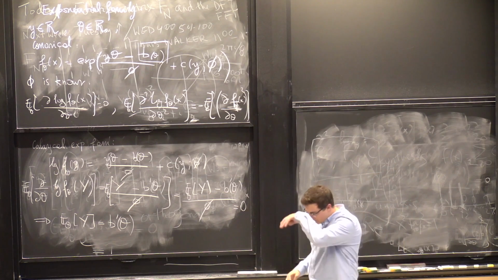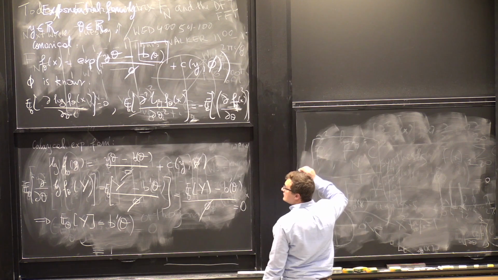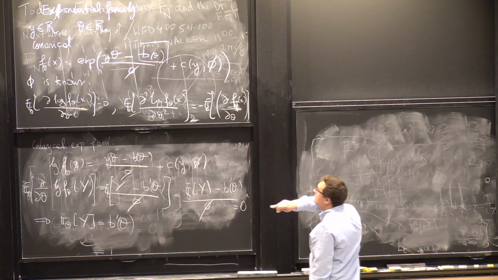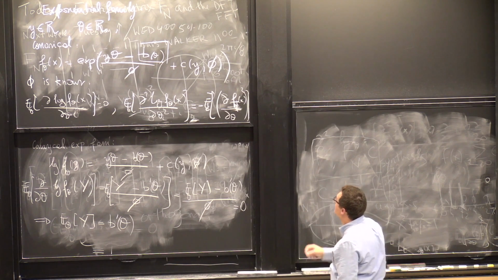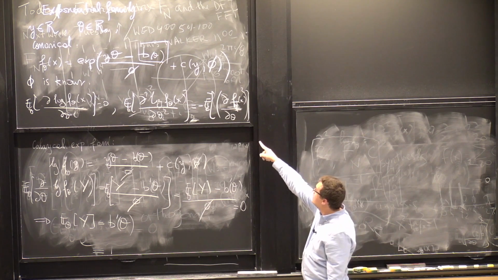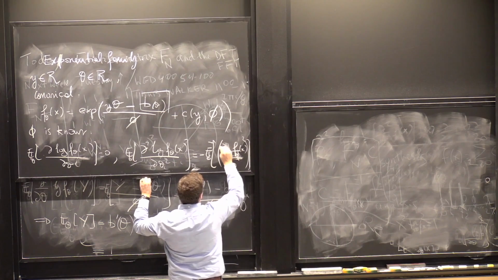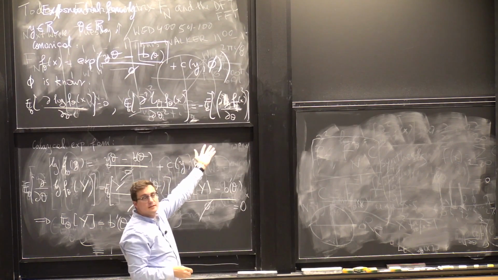OK, so what is the second equality? It's telling me that if I look at the second derivative and then I take its expectation, I'm going to have something which is equal to negative this guy squared. We've already computed this first derivative of the log likelihood.